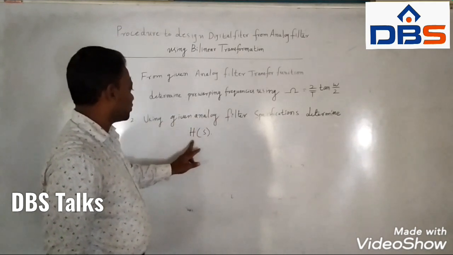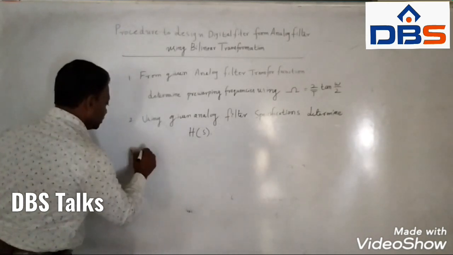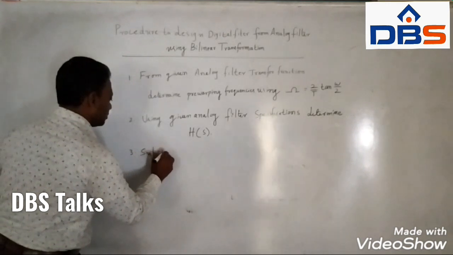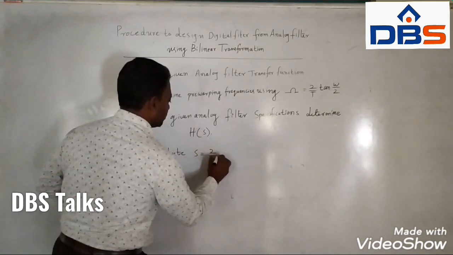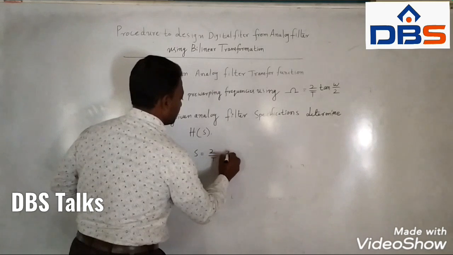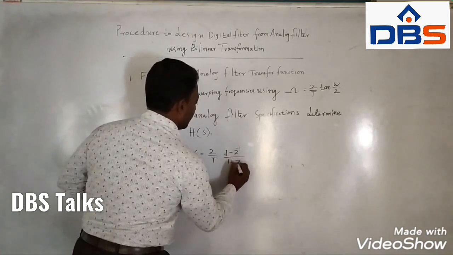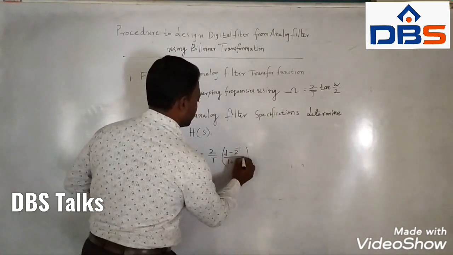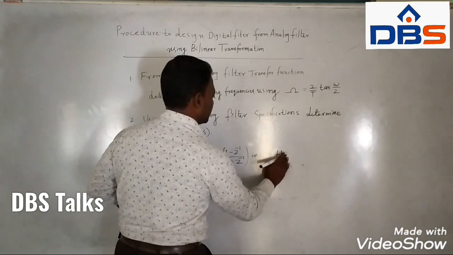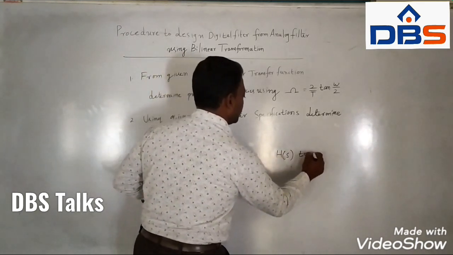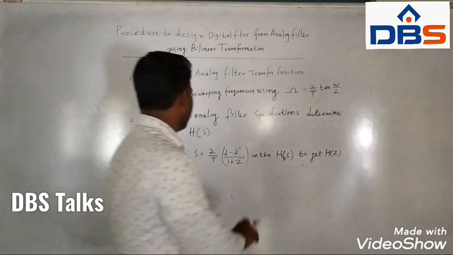From those analog filter specifications, we have to determine H of S. After this, substitute S is equal to 2 by T times 1 minus Z inverse divided by 1 plus Z inverse in the H of S analog filter transfer function to get H of Z. Okay, this is the procedure. Three steps are there.